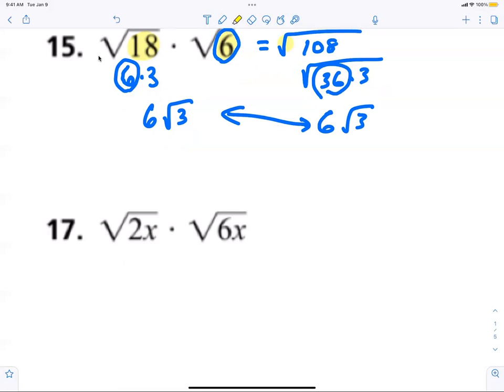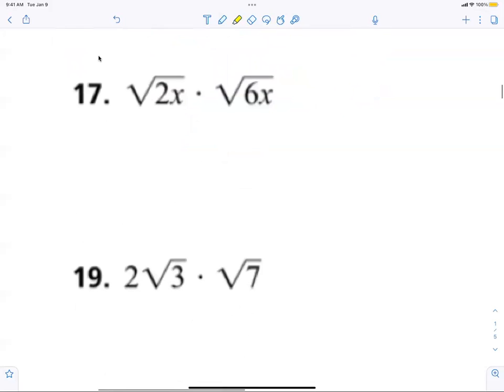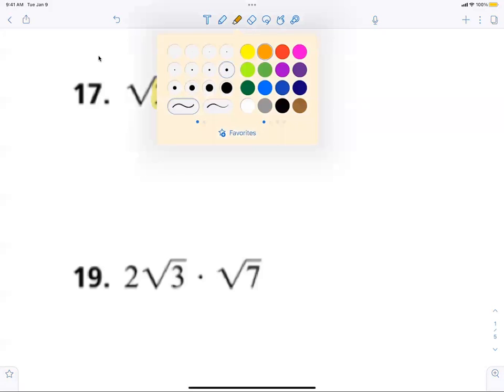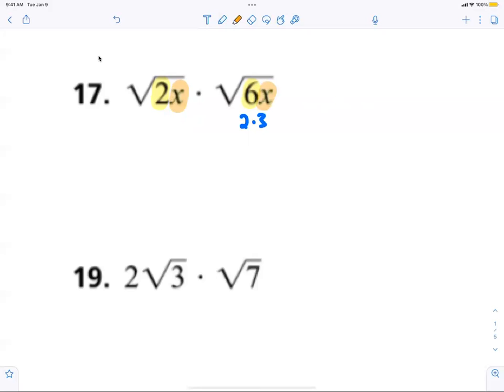All right. So 417. Come on, everybody look. Is there a common 2? Yes. So 6 is 2 times 3. Is there a common x? Yes. So what comes outside the radical? 2x.